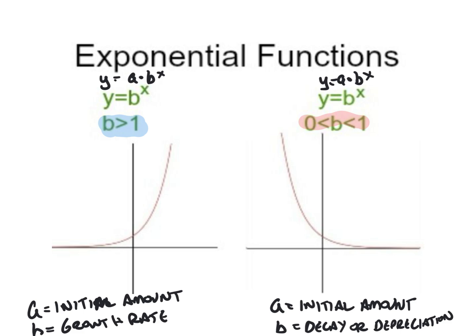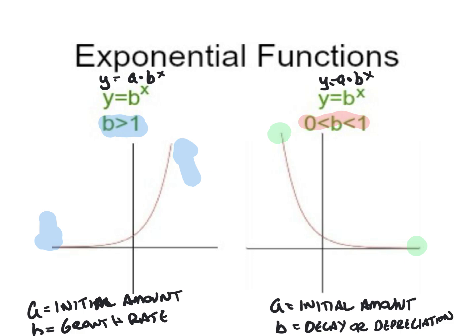In the growth model, the horizontal asymptote is 0 on the left side, and on the right side it increases to infinity very quickly. For the decay model, depreciation is to lose value or money. On the left side, you go to infinity very quickly, and on the right side we decay or depreciate to 0.